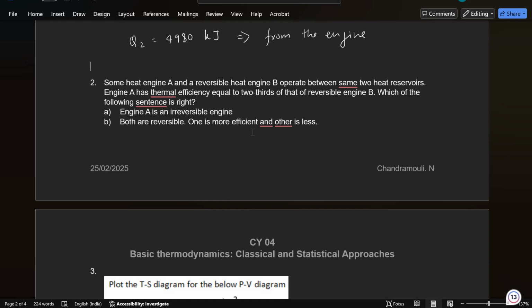Option A. Okay, you're correct actually. So, can you tell me why it is so? It is actually straight from the statement. So, can you tell me the statement?